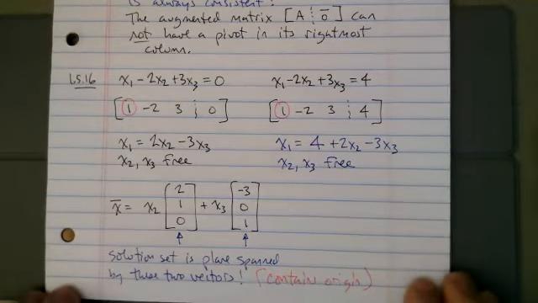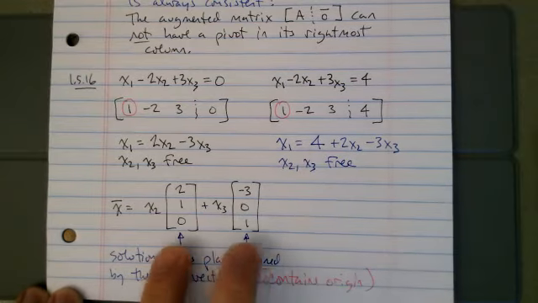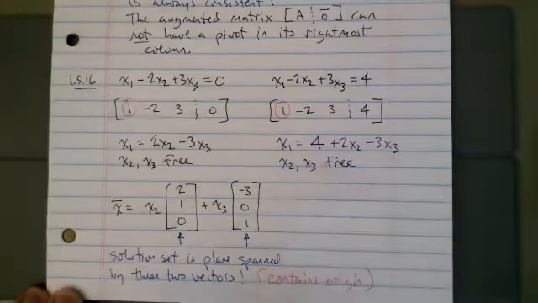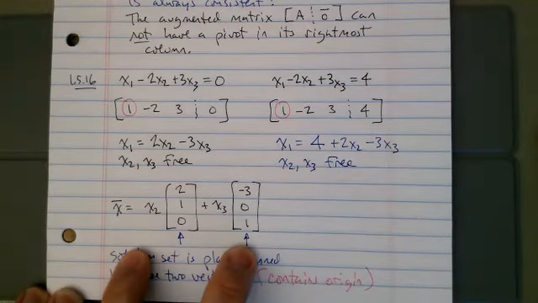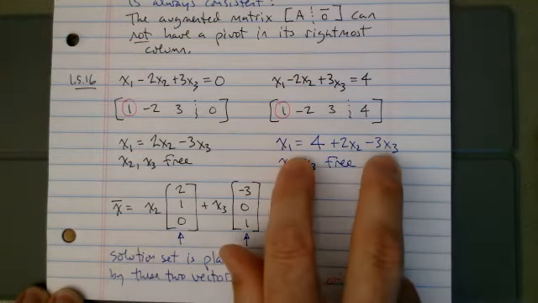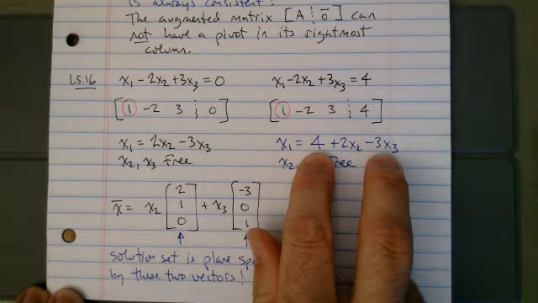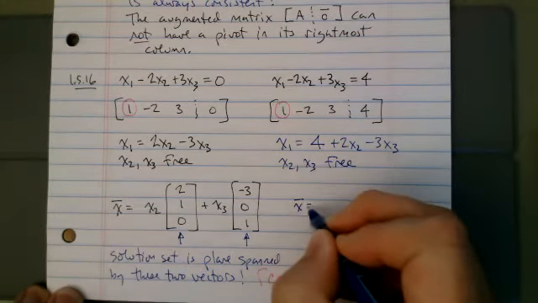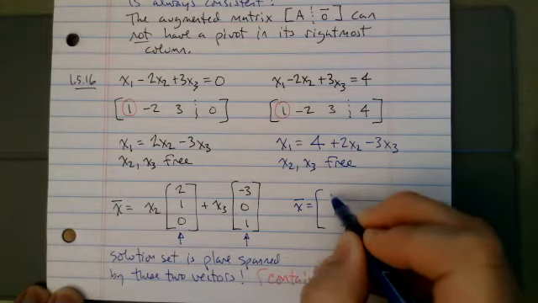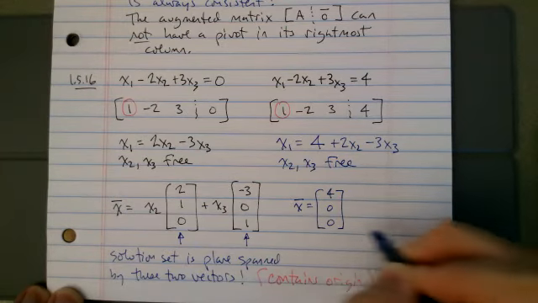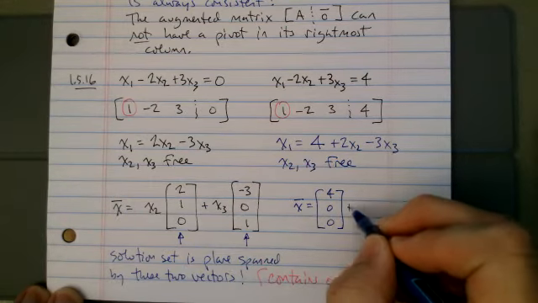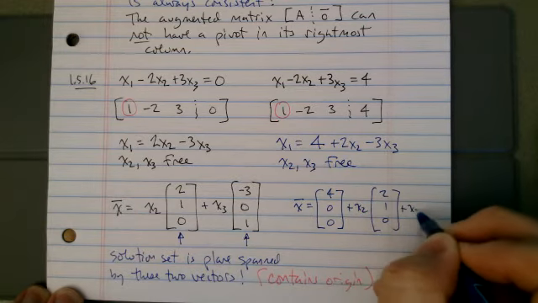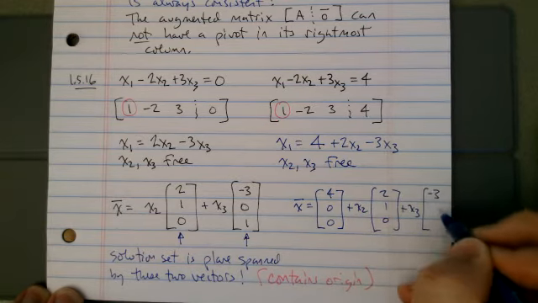But the difference is, instead of containing the origin and just being the span of these 2 vectors, I've got this constant. Instead of looking at the equation y equals mx, I've now got y equals mx plus b, and b is not 0. So my solution set in parametric vector form will have 4, 0, 0, a constant, plus x2 times 2, 1, 0 plus x3 times -3, 0, 1.